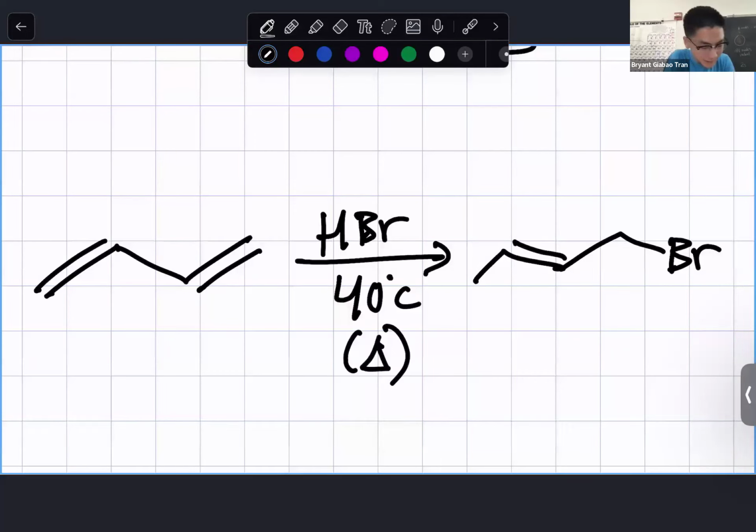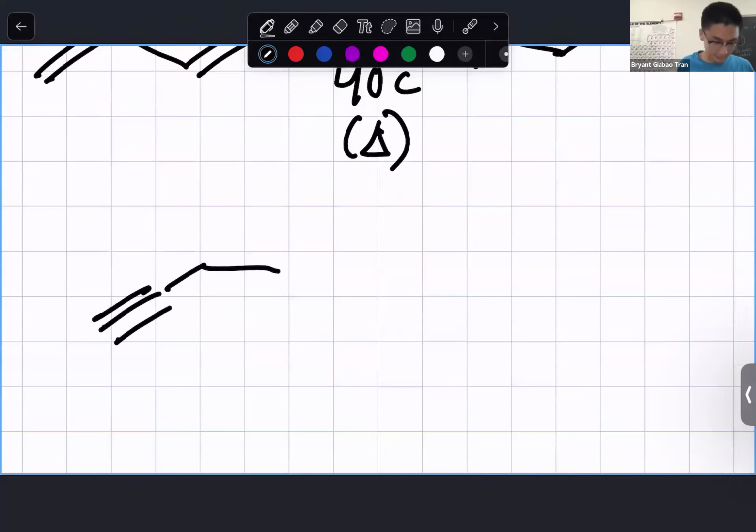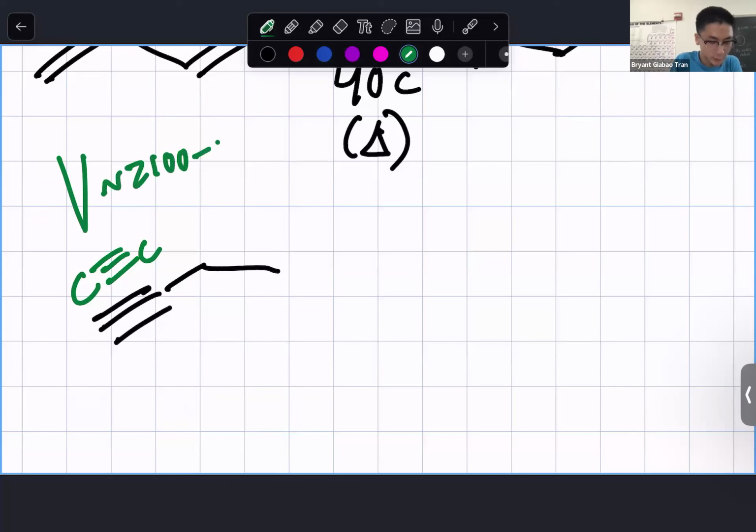Okay. Let's see. What was the other one? How many diagnostic peaks does this terminal alkyne have here? So this terminal alkyne has a C triple bond C, which shows a sharp peak at around 2100 to 2300.